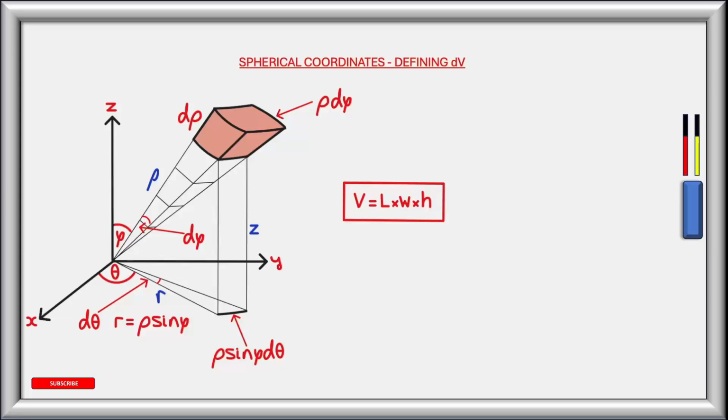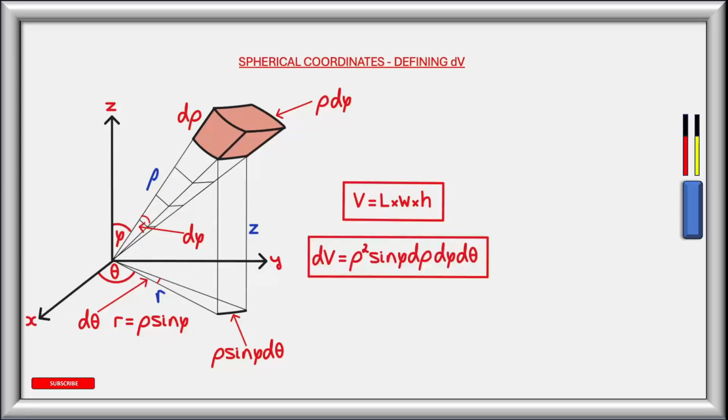So the length dimension is rho multiplied by d phi. If we multiply these dimensions together, we see that dV is equal to rho squared multiplied by the sine of phi d rho d phi d theta. And we sum all these infinitesimally small pieces of volume using triple integrals to get the total volume.